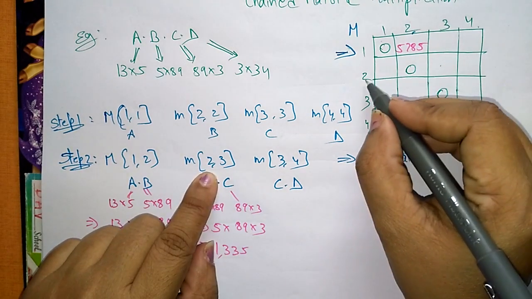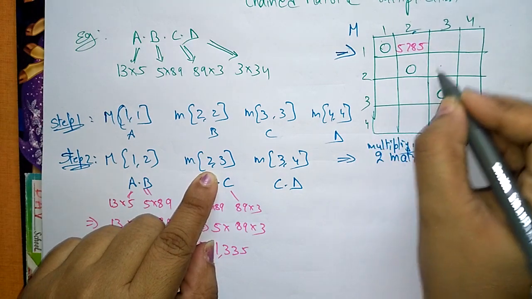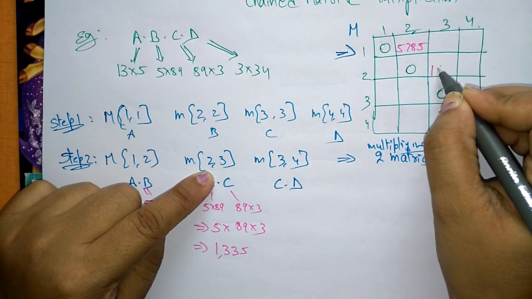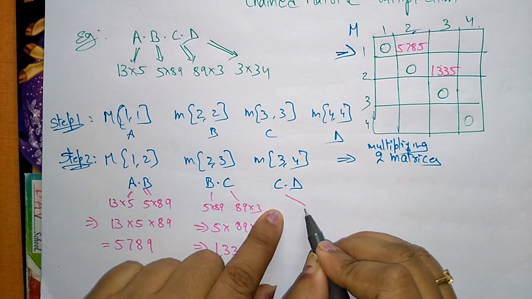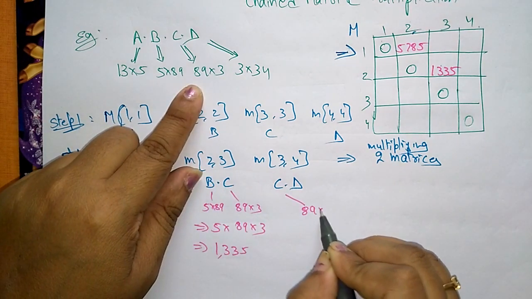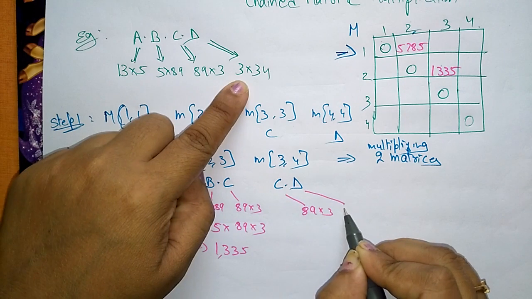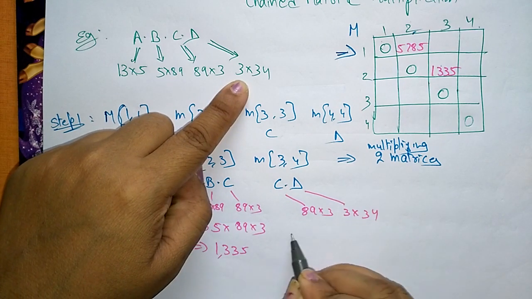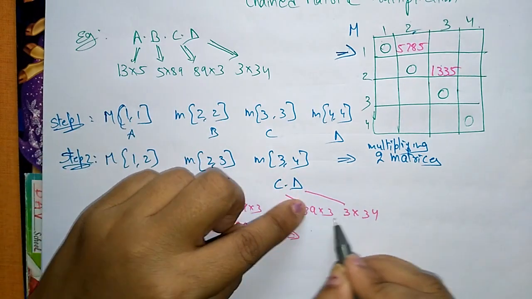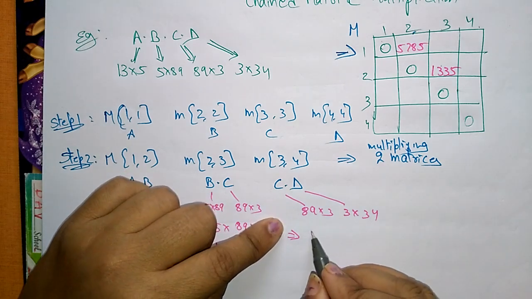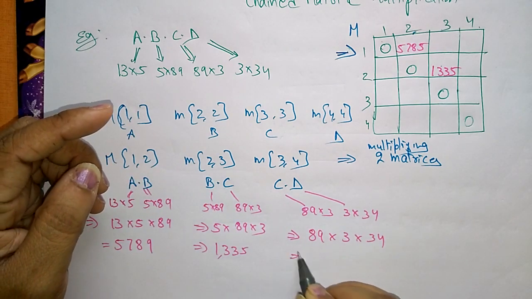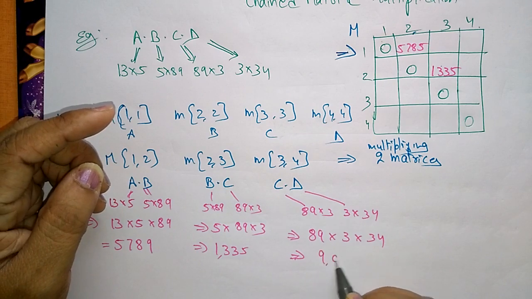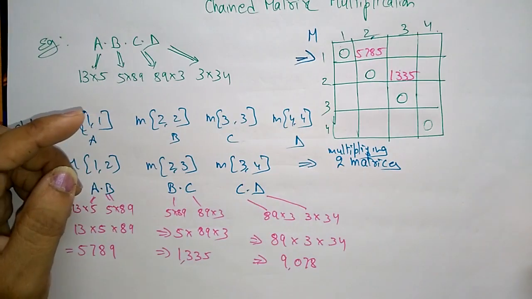That is the entry at second row, third column: 1335. Coming to C, the size of C is 89 by 3 and the size of D is 3 by 34. From these two we take 89 into 3 into 34. The result of this is 9078.